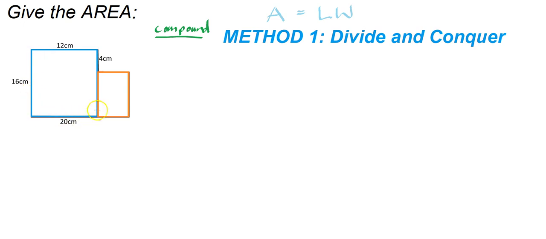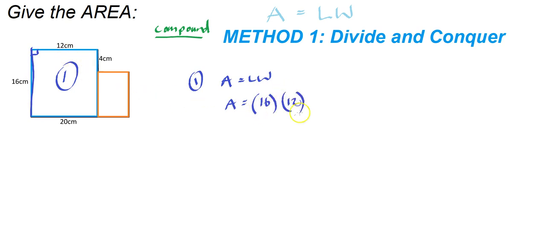So for this particular rectangle, let's try and find the length and width. I'm going to call this rectangle 1. So for rectangle 1, A equals length times width. In this case, at right angles to each other, we have a length of 16 and a width of 12. So 16 times 12.